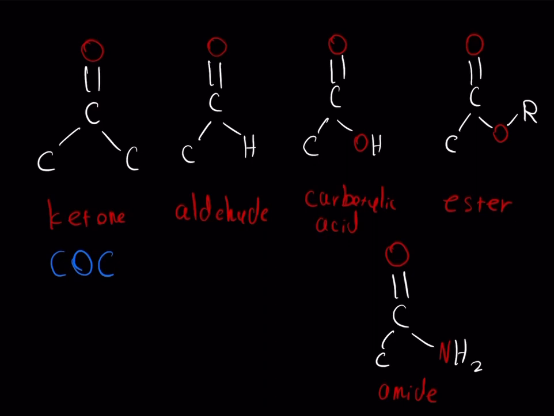An aldehyde is usually going to be a CHO. So it'll show up as CHO. For carboxylic acid, you're likely to see COOH. For an ester, it's usually going to be COOC. And then for an amide, it's going to be a CONH2.